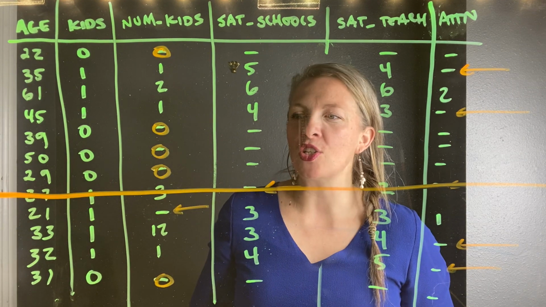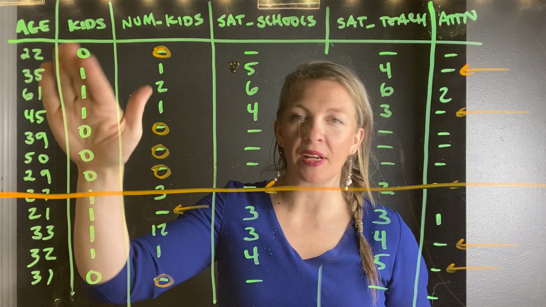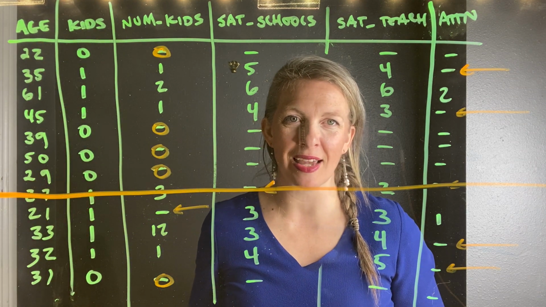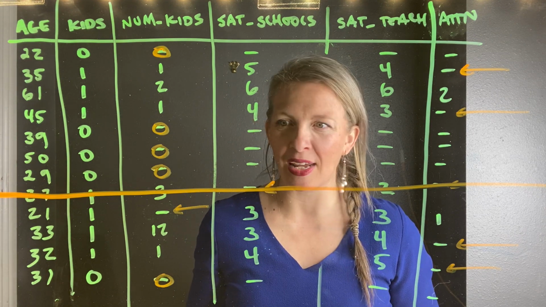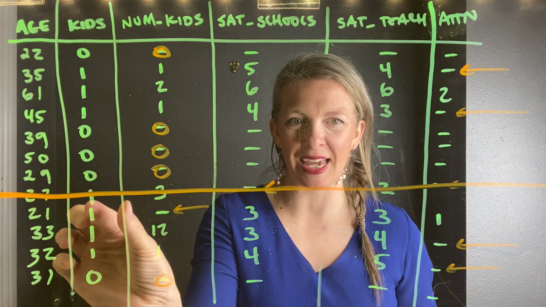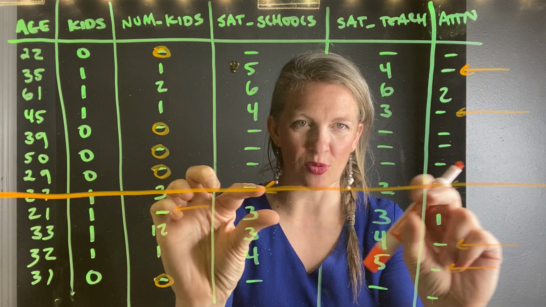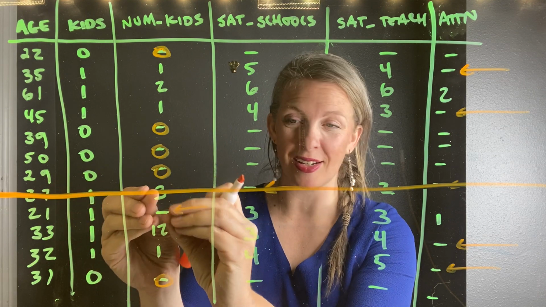There aren't other ones in this example here, but you might look at other 21-year-olds who have kids in your data set and see how many children on average they tend to have at that age, since this person indicated that they have children and they answered these other questions, which gives me confidence that they do actually have children, that's not a typo.